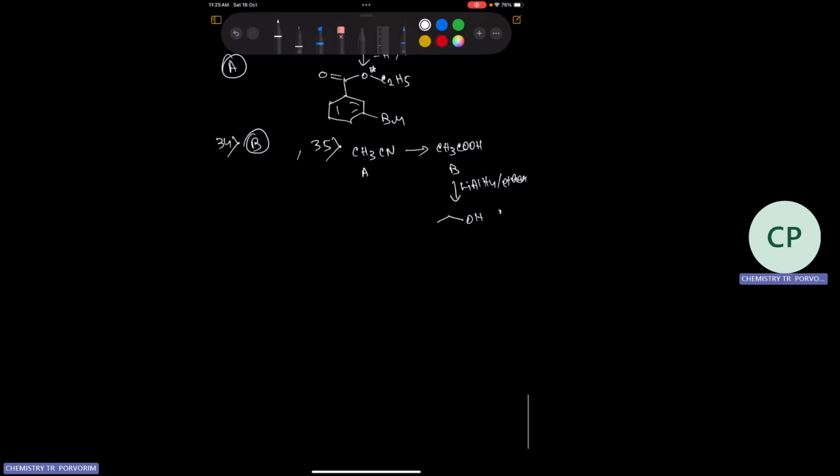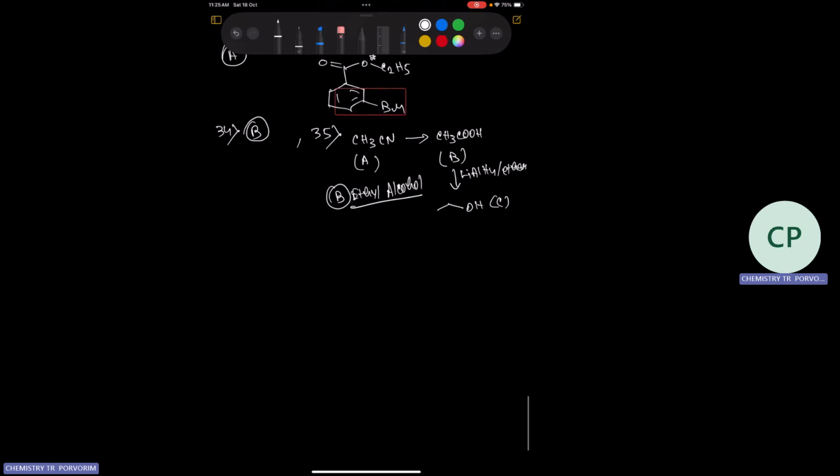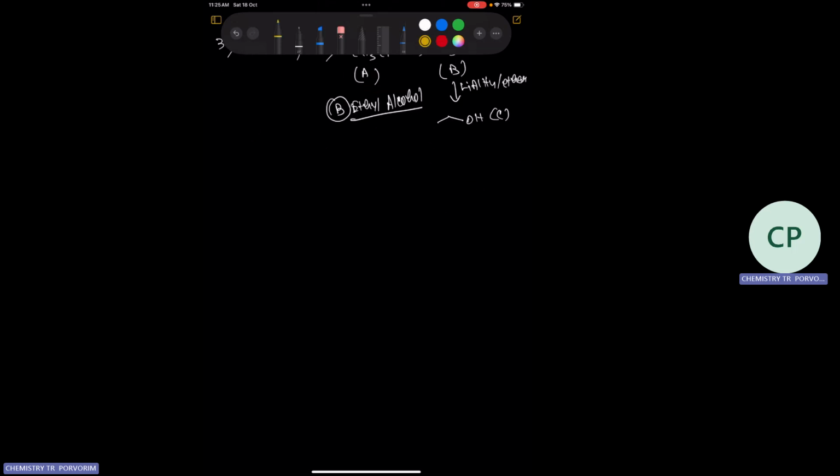So this will be C. Ethanol, so the 35 answer will be option B, ethyl alcohol.